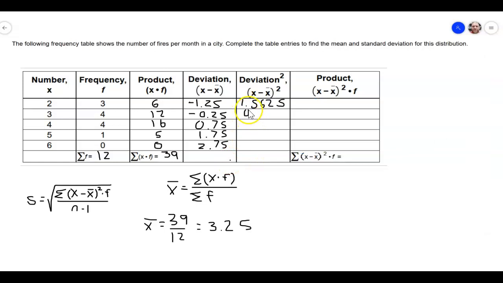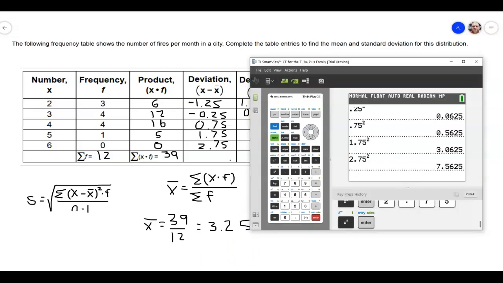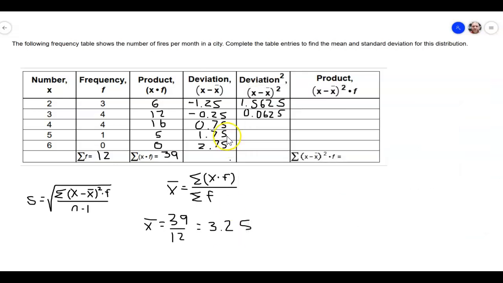All right, so I got 0.0625, 0.0625. Now this is a long problem. 0.5625, 0.5625.